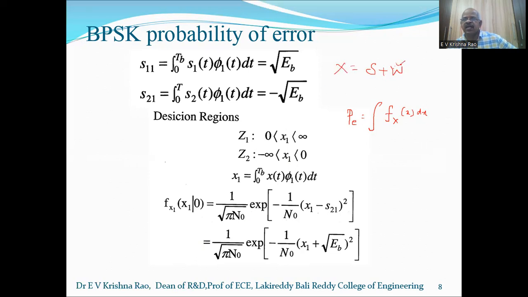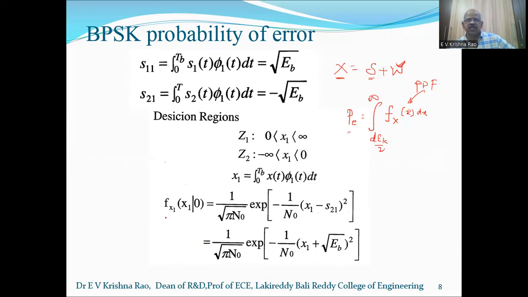Because of the random Gaussian noise, the signal plus random Gaussian variable means the received vector is also Gaussian type. So half the equivalent distance towards infinity, we integrate the probability density function of the received vector x, then we get the probability of error.